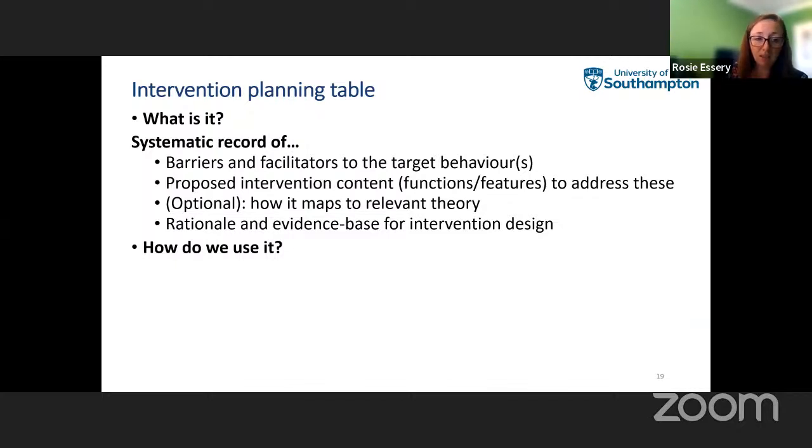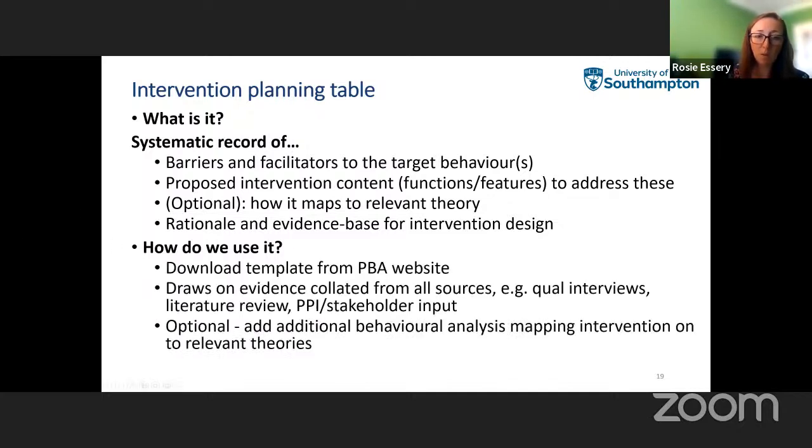And the intervention planning table can also be a really useful tool in the co-production activities with other stakeholders, because it forms a really important record of the rationale and the evidence base for all the intervention content we're proposing.